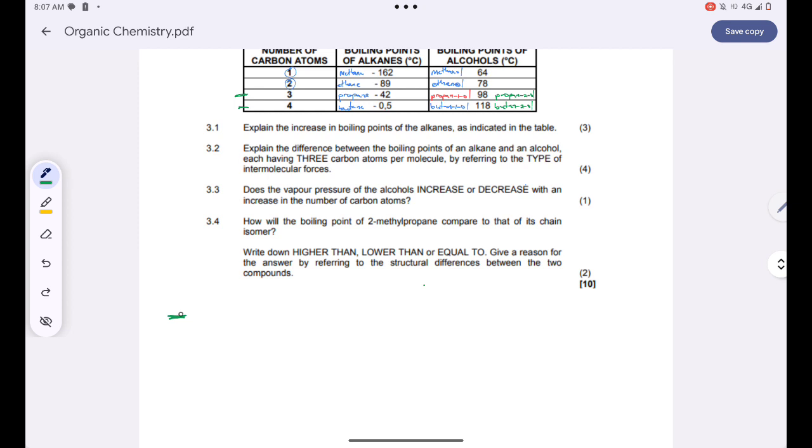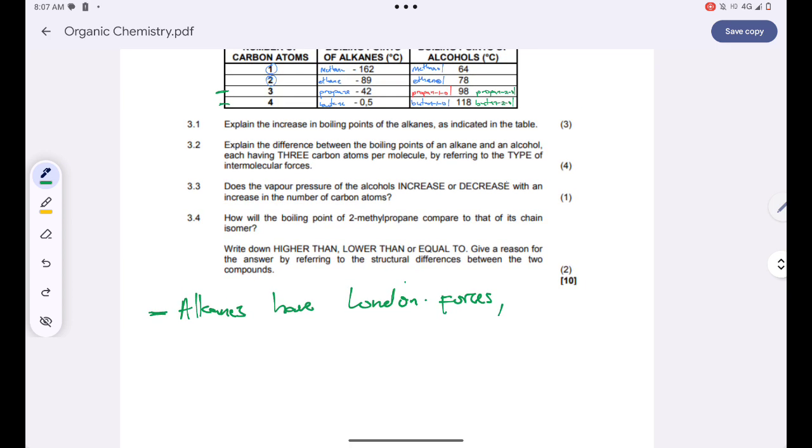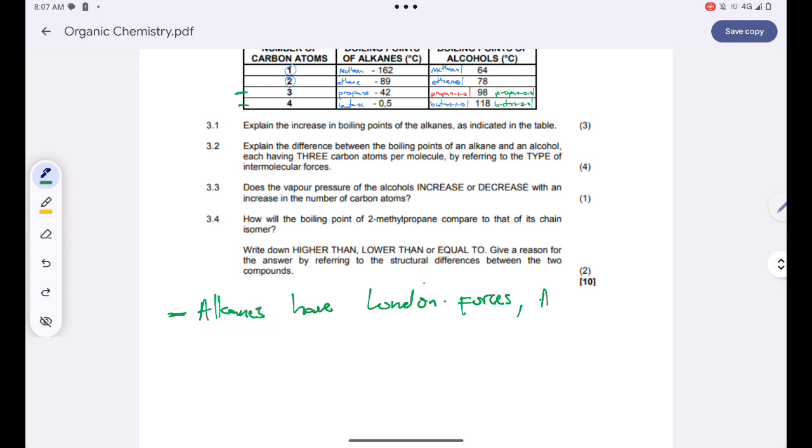We'll simply say that alkanes have London forces, which are regarded as the weakest in the intermolecular family, and then alcohols have hydrogen bonds, which is regarded as the strongest, né?